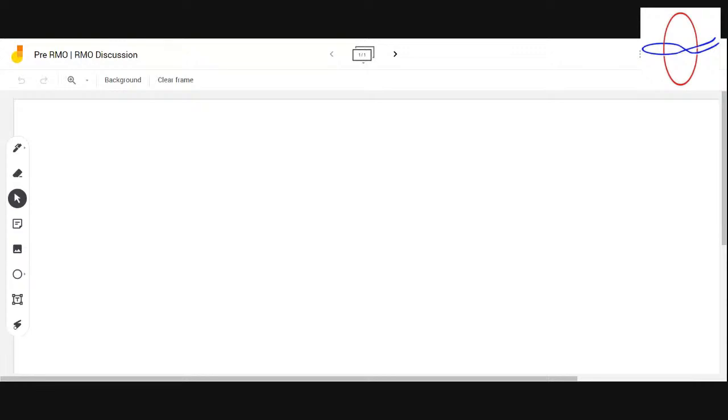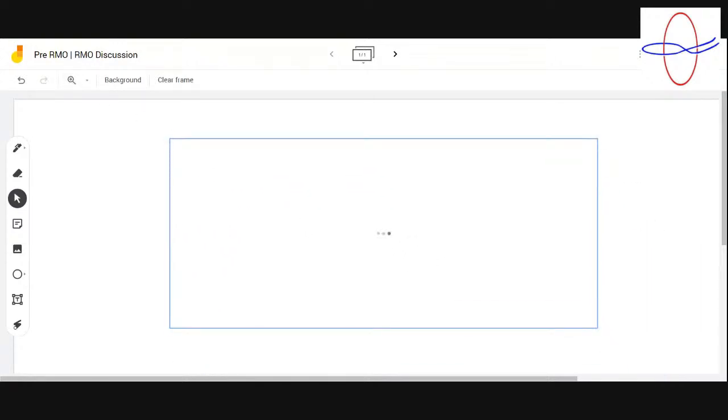Okay, so let's start with the problems. The first problem, as Raghav has asked for, let's type the problem over here. It's a really interesting problem. All of you can see the board, I guess.